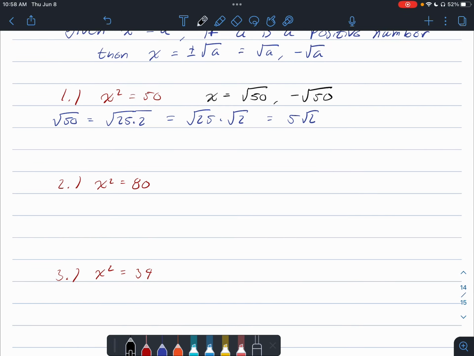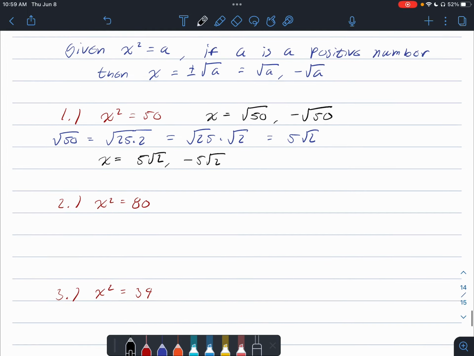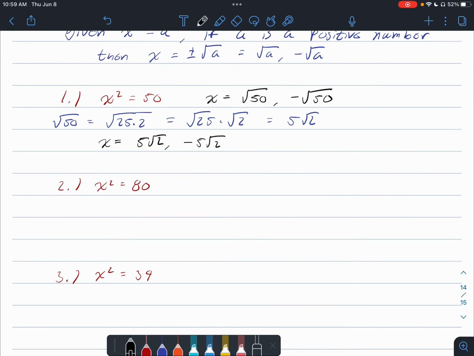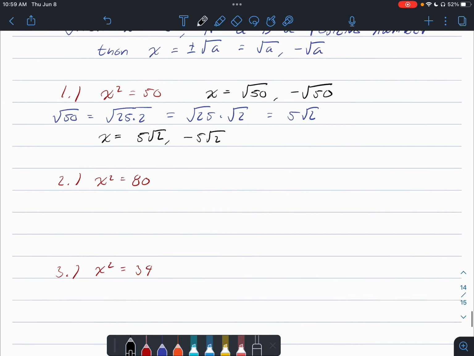So a more simplified answer would have x equal to 5 times the square root of 2 and negative 5 times the square root of 2. And that's because we can rewrite the square root of 50 in each of these instances.